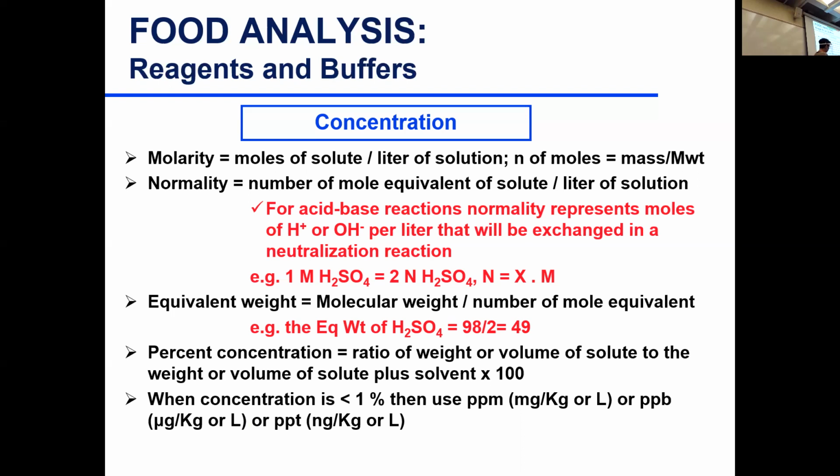Concentrations sometimes are much less than 1%. When they're much less than 1%, we don't use the term percentage, we start saying parts per million. So parts per million means milligrams per kilogram, or micrograms per gram, or if it is weight by volume, milligrams per liter or micrograms per milliliter.